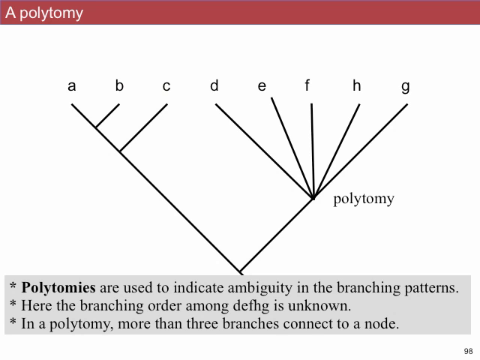So 1 is coming from the past, and 2 are coming out of the node. So if you have more than that, if you have a node that has 4 branches coming out of it, it's a polytomy. Does that make sense? It would also be a polytomy because I'm counting the branch coming in from the past. Okay? All right. Another question?